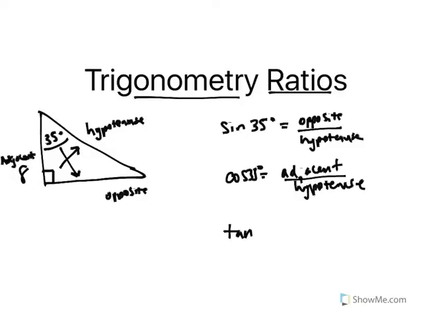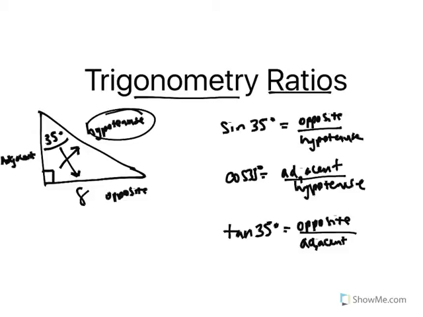And in tangent, if we take the ratio of the opposite side over the adjacent side of our 35-degree reference angle, we can solve for the missing side.